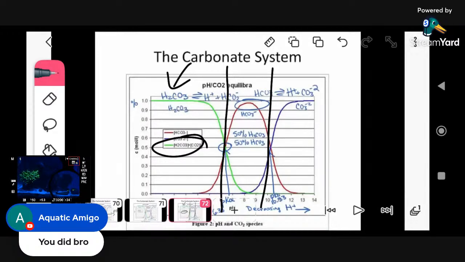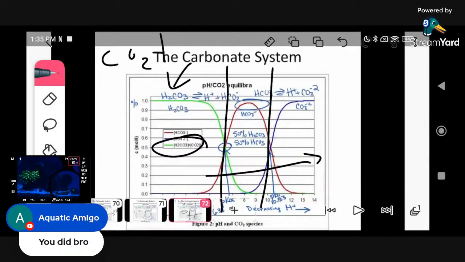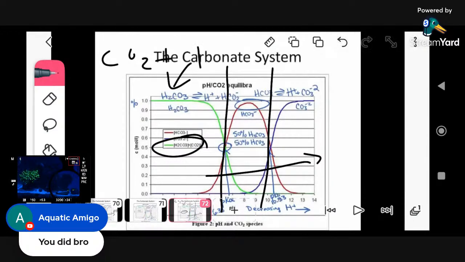Usually people introduce carbonic acid through a calcium reactor. So you're pumping a lot of CO2, and CO2 plus water, H2O, will produce this equation right here, carbonic acid, okay?